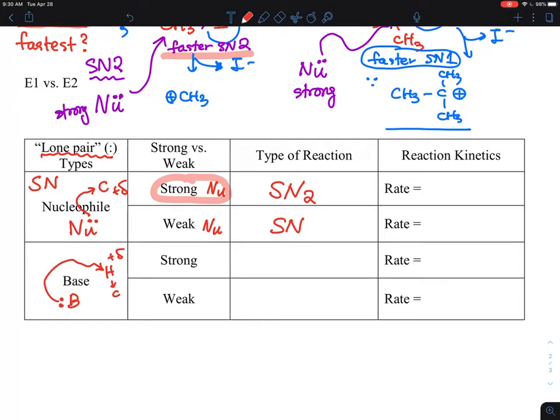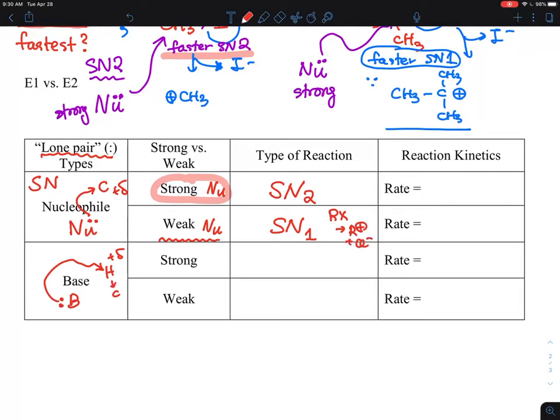But when you have a weak nucleophile, you need to wait for the leaving group to leave and generate a carbocation. So the rate determining step is, for example, RX becoming R plus and Cl minus.